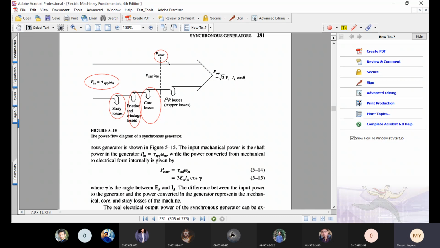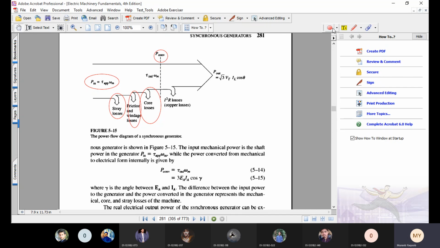Due to the flow of these currents, I squared R losses or copper losses, which are the resistive heating losses due to passage of current, occur in the stator windings.